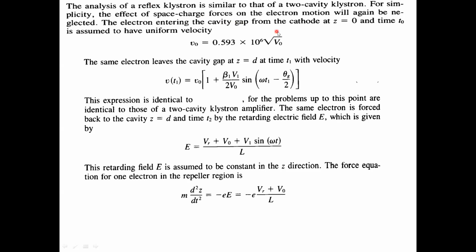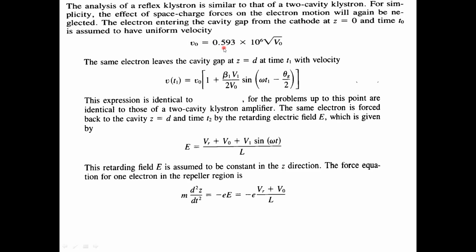We have to estimate the velocity of the electron before reaching the cavity. So what is the initial electron velocity, as in the two cavity klystron? Just to recall from the two cavity klystron, V naught equals the uniform velocity of the electron before the gap, at the cathode terminal, the initial distance z equals 0. Clear?